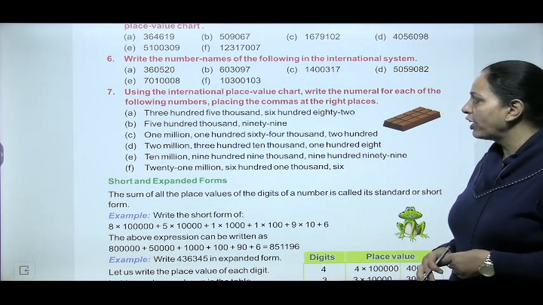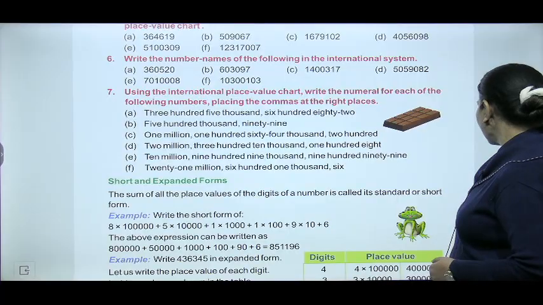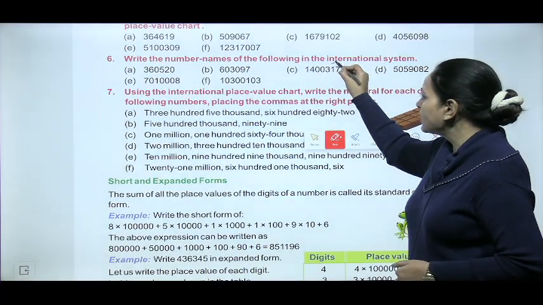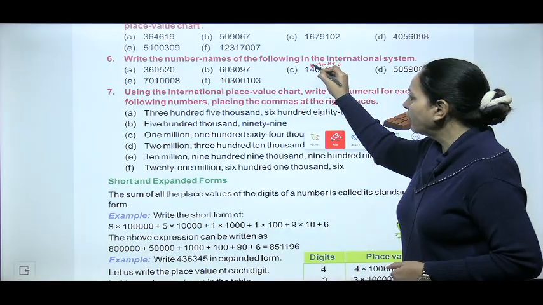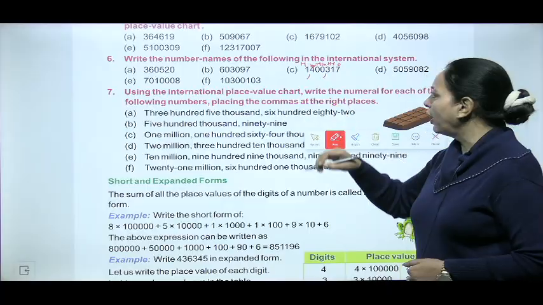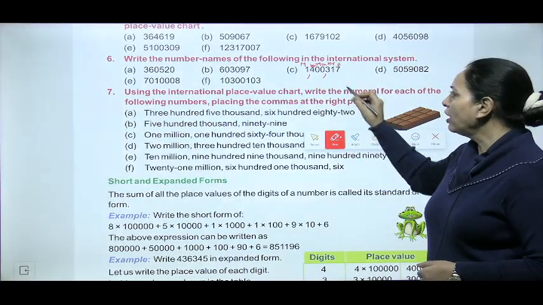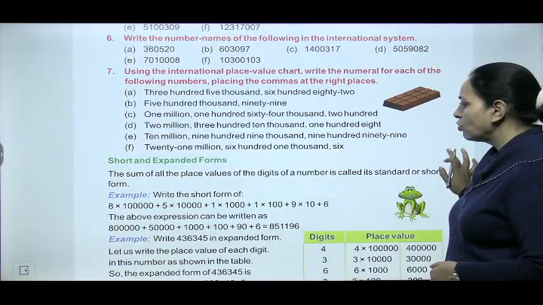Similarly, sixth question, write the number names in the international system. Like C part, so here ones, tens, hundred, 1,000, 10,000, 100,000 and million. 1,400,317. Similarly, you can try seventh question.